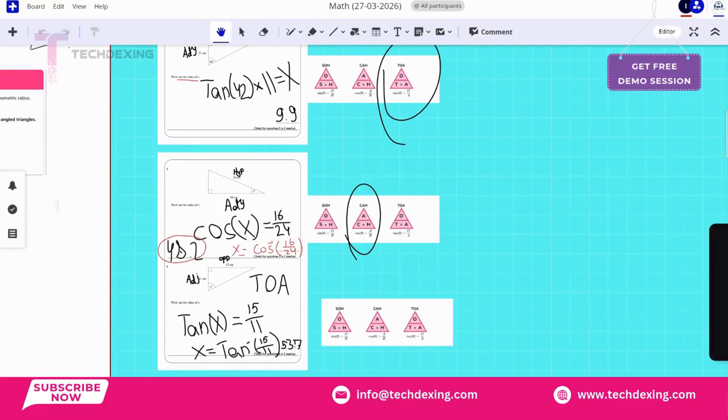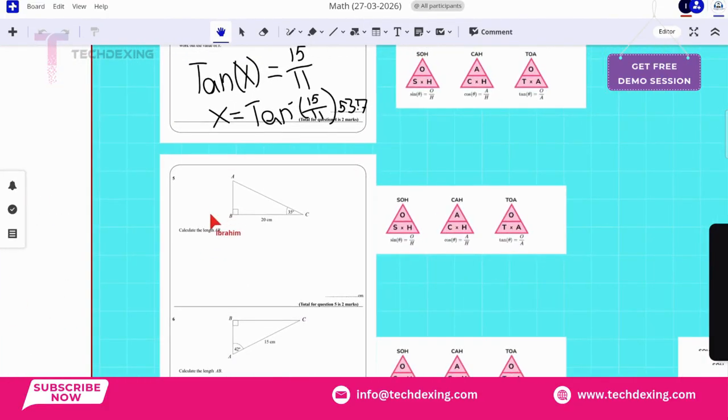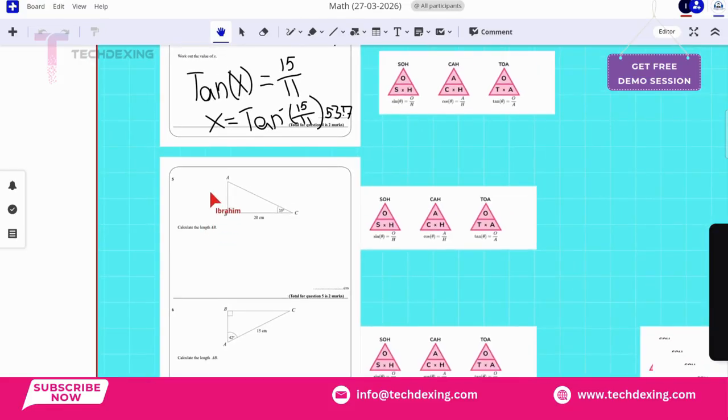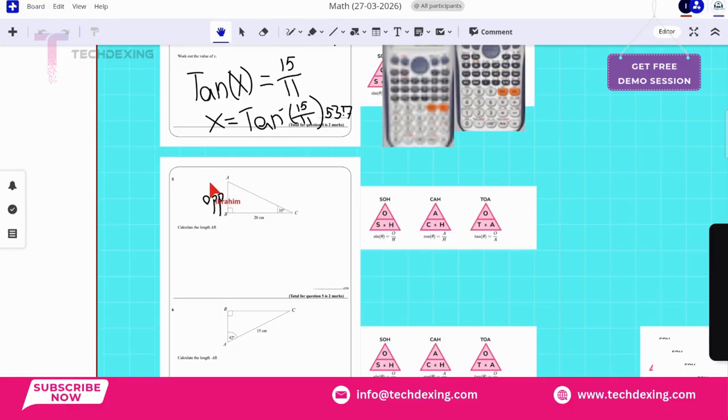So now calculate length AB. Yep, you can calculate it, and suppose that length is equal to x. If the name is not given for the unknown variable, you can name it as x.